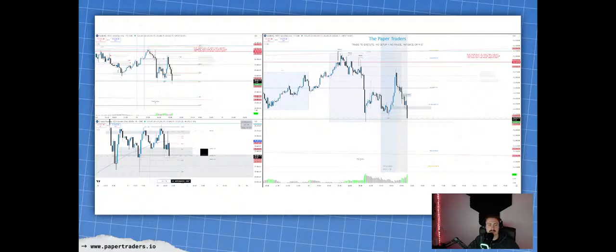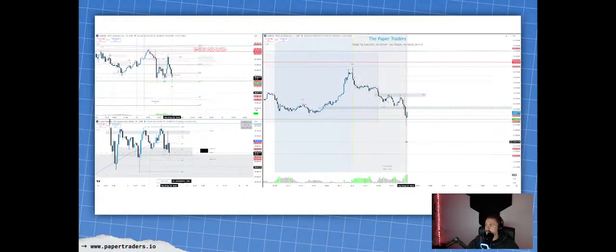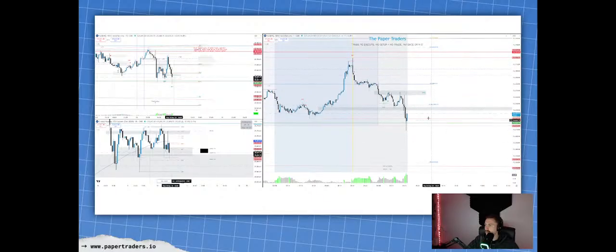Rising VIX fix. 15-minute getting back above that close. See what the 1 minute's doing. 1 minute's looking reversey. 870.